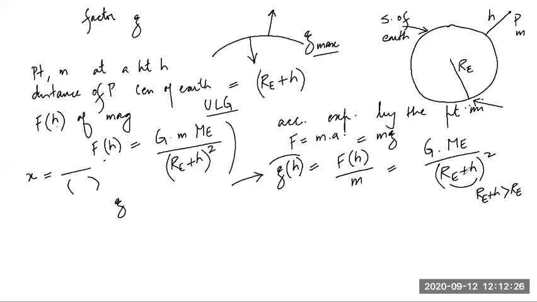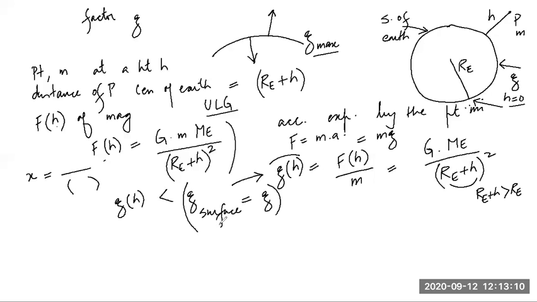So as the denominator is more, acceleration experienced by the point mass at height h, g of h, would be less than acceleration due to gravity on the surface. Or I can simply write g of surface is equal to g. Whenever I write g, it obviously means acceleration due to gravity at the surface, where h is equal to 0. Height of the point mass is 0.